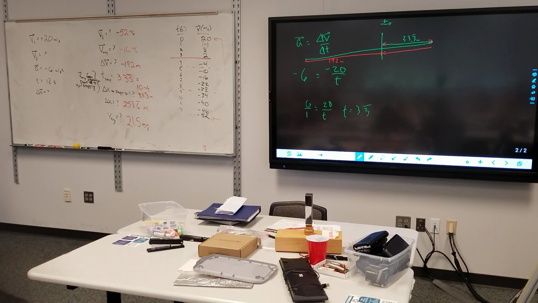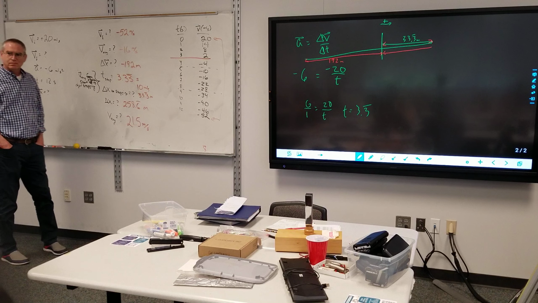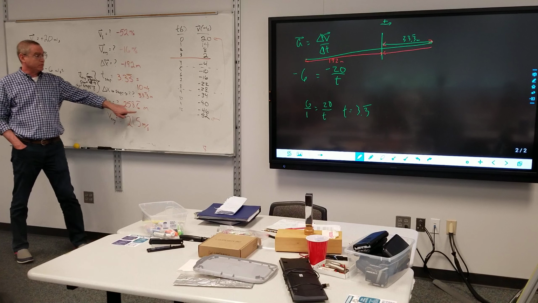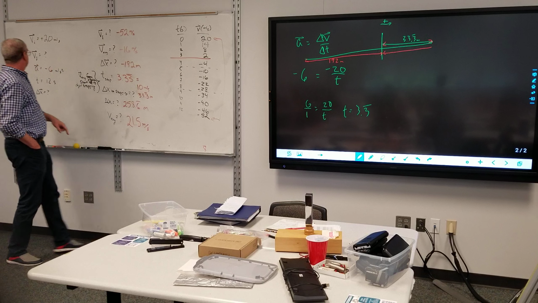I think I saw some subtle nods. How did he get that? How'd you get that? I divided 258.6. It's distance divided by time. So it was the distance divided by the 12 seconds.